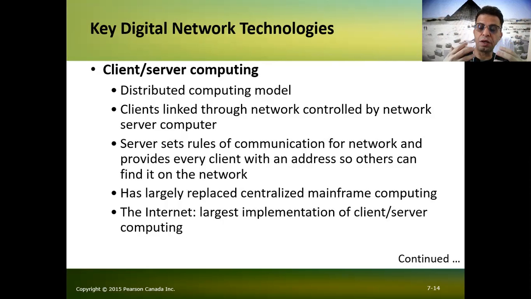which is, the network could be a landline or wireless, and the server sets the rules of communication for the network and provides every client with an address so others can find it on the network.